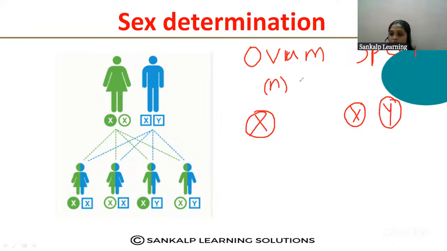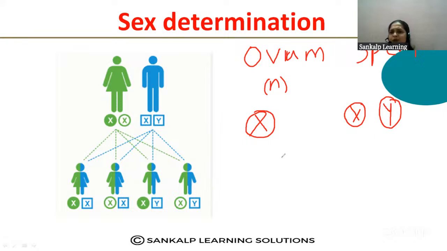The female gamete always produces the ovum that contains the X chromosome, and the sperm may contain X chromosome or Y chromosome.